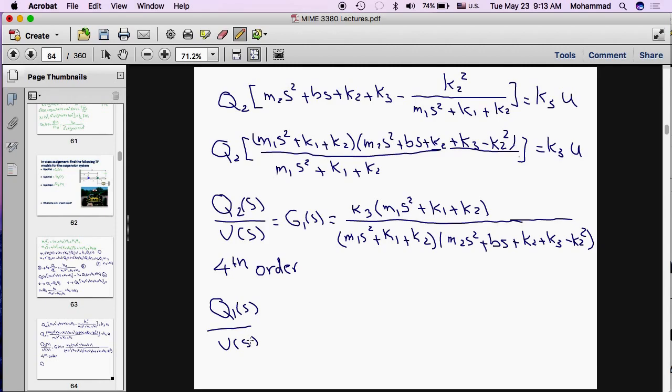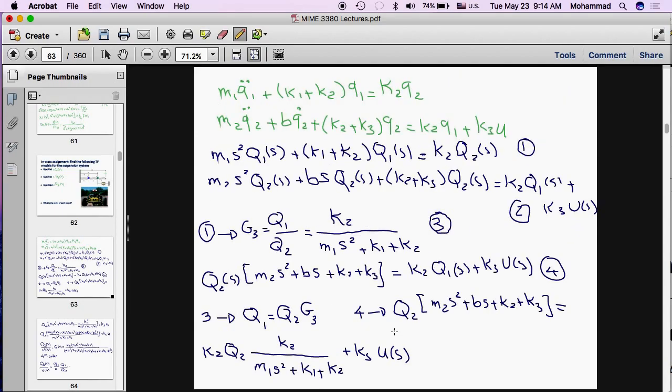Okay, so what we just said was that Q1 over U is equal to Q2 over U multiplied by Q1 over Q2. So if you have both of these two ratios, you can just multiply them by each other and get to where you want to be. The first ratio is G1, which is what we just found. Do we have the second ratio, Q1 over Q2?